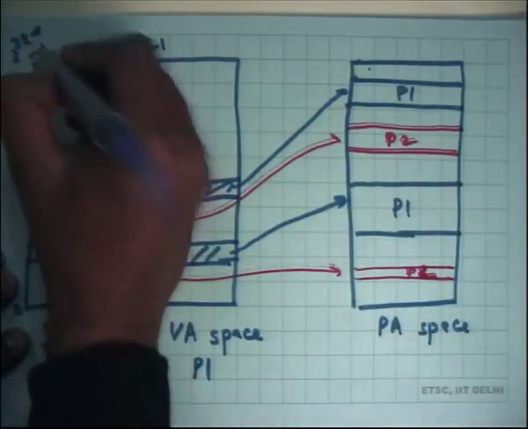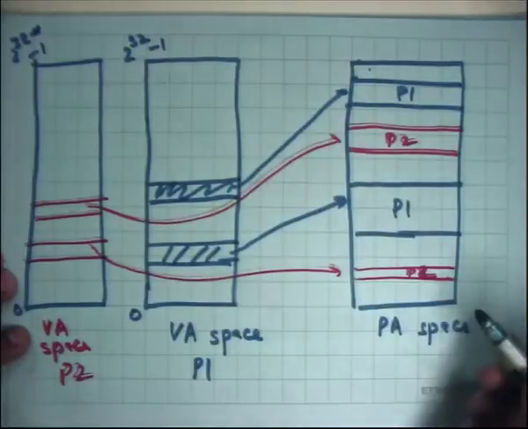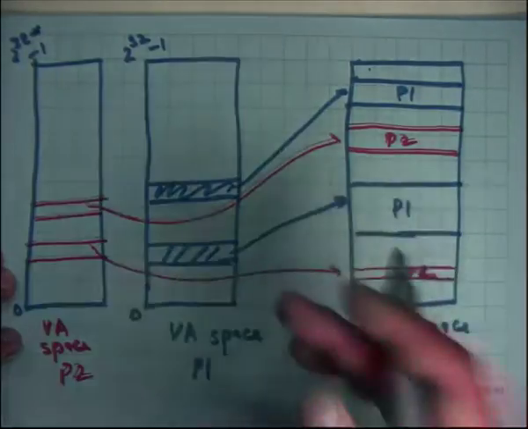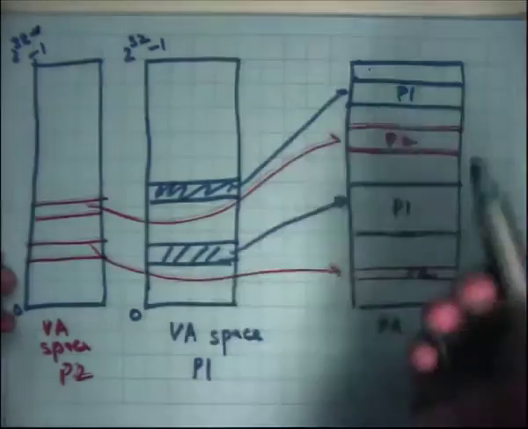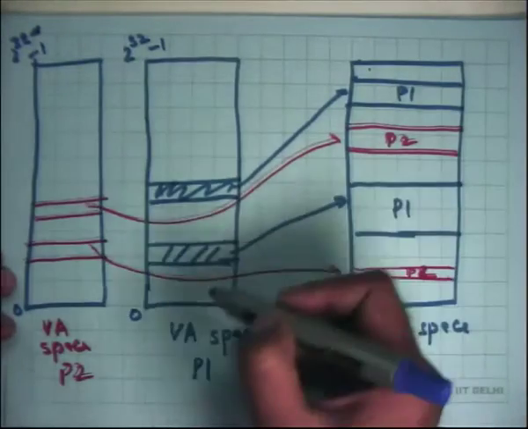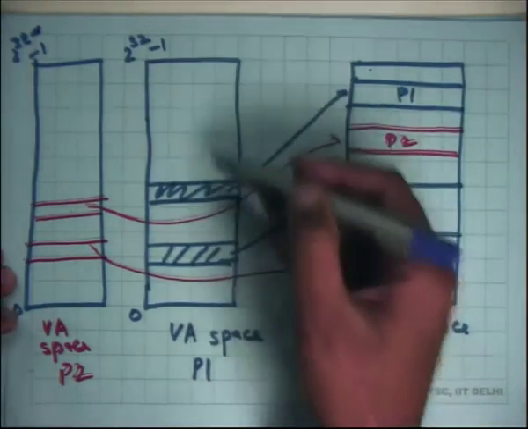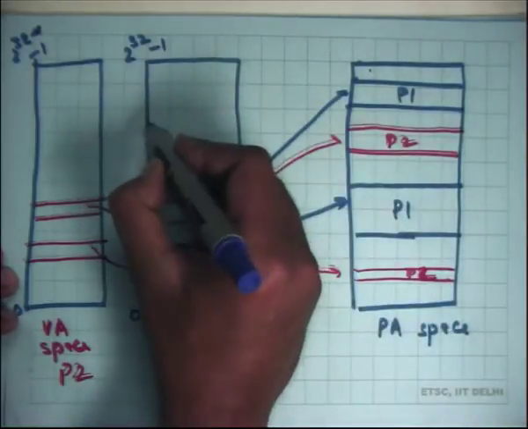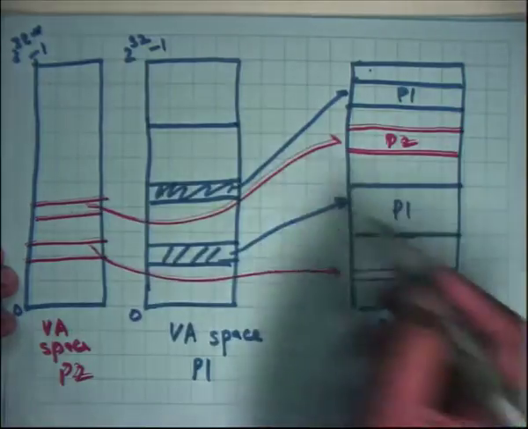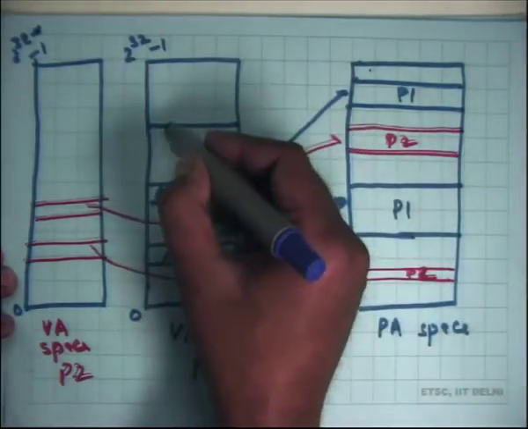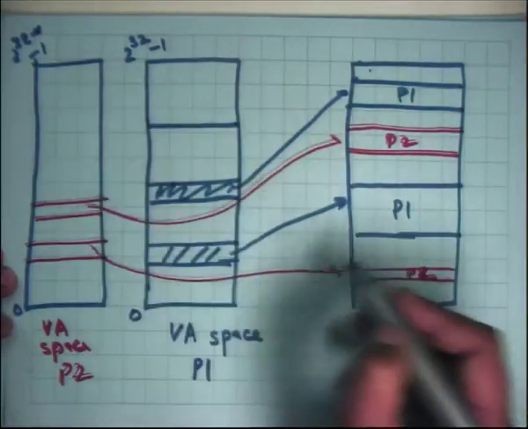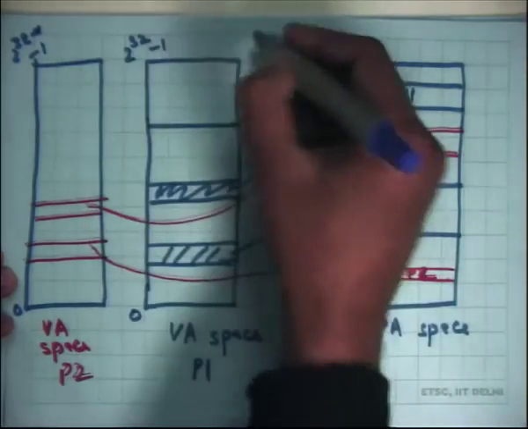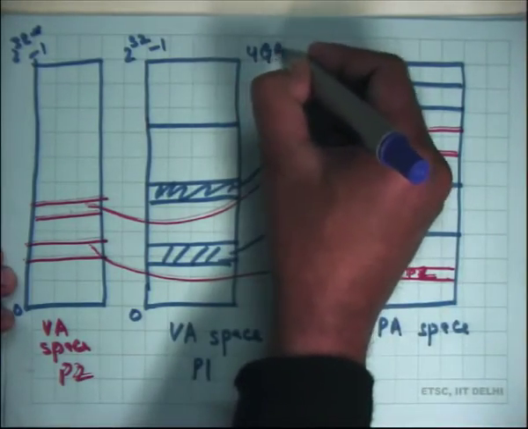But the VA space that's given to a process on something like Linux or Windows on x86 is basically that a process will not get the entire 2 to the power 32 space. Let's cut it somewhere, right? And let's say that a process is allowed this size of the space. So this 2 to the power 32 is actually 4 GB, right?